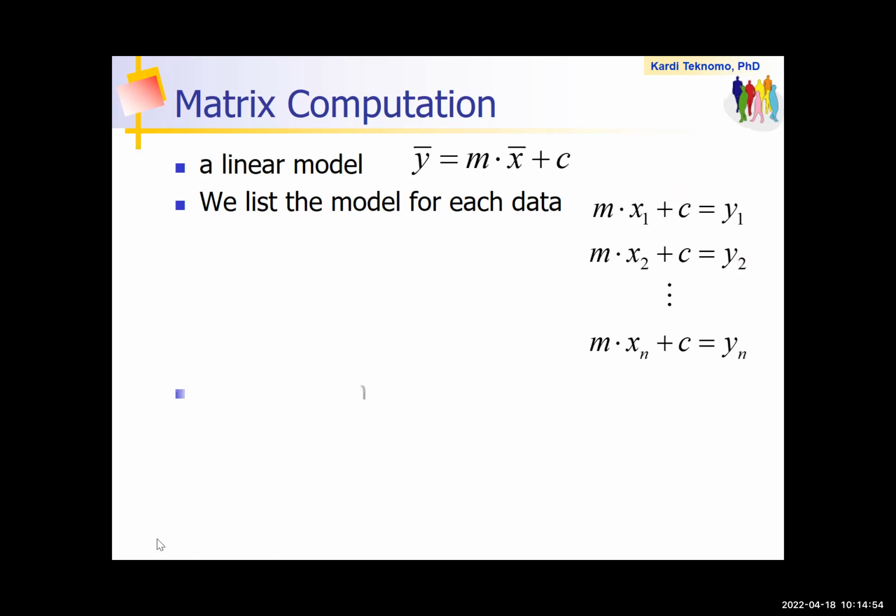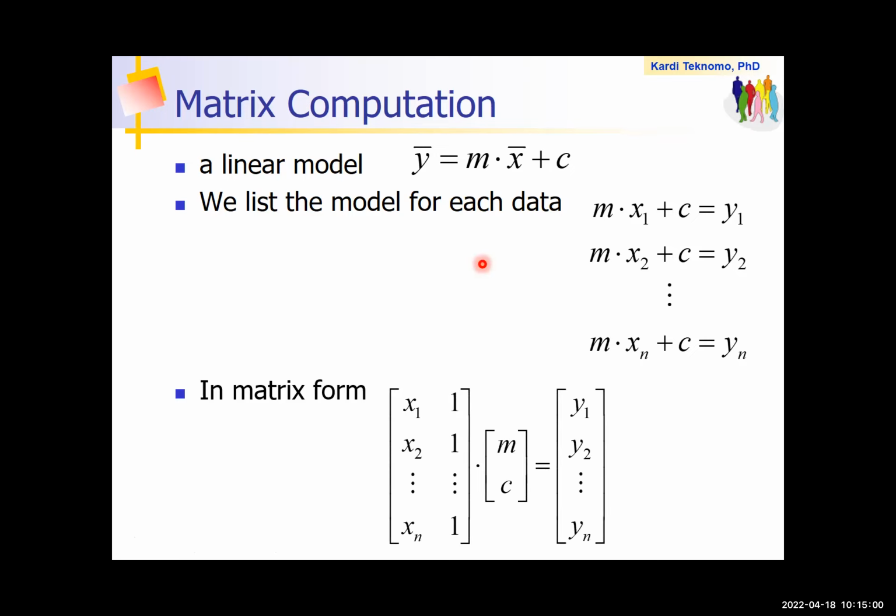So then we can use this into a matrix form. Right? So what is the matrix form? This is the x, okay, and then plus c multiplied by 1. So the constant c multiplied by 1, equal to the y.